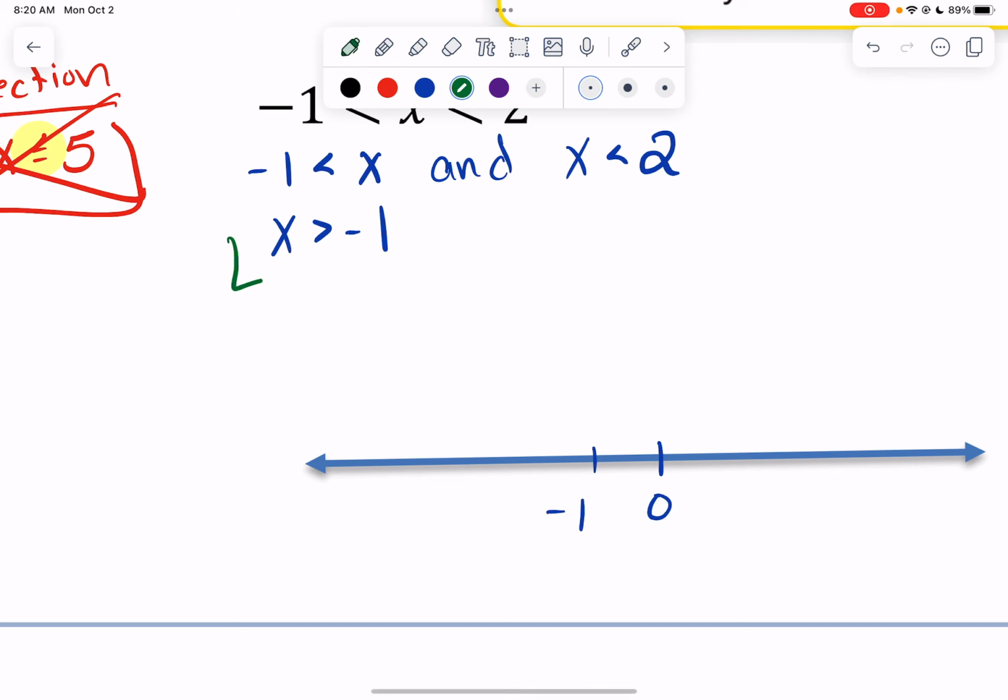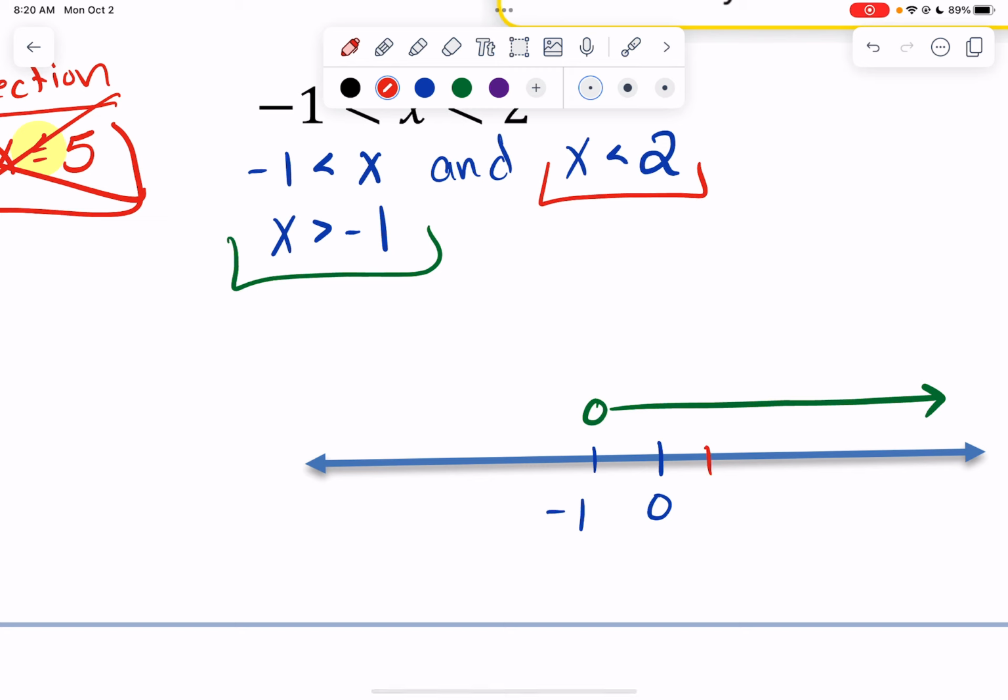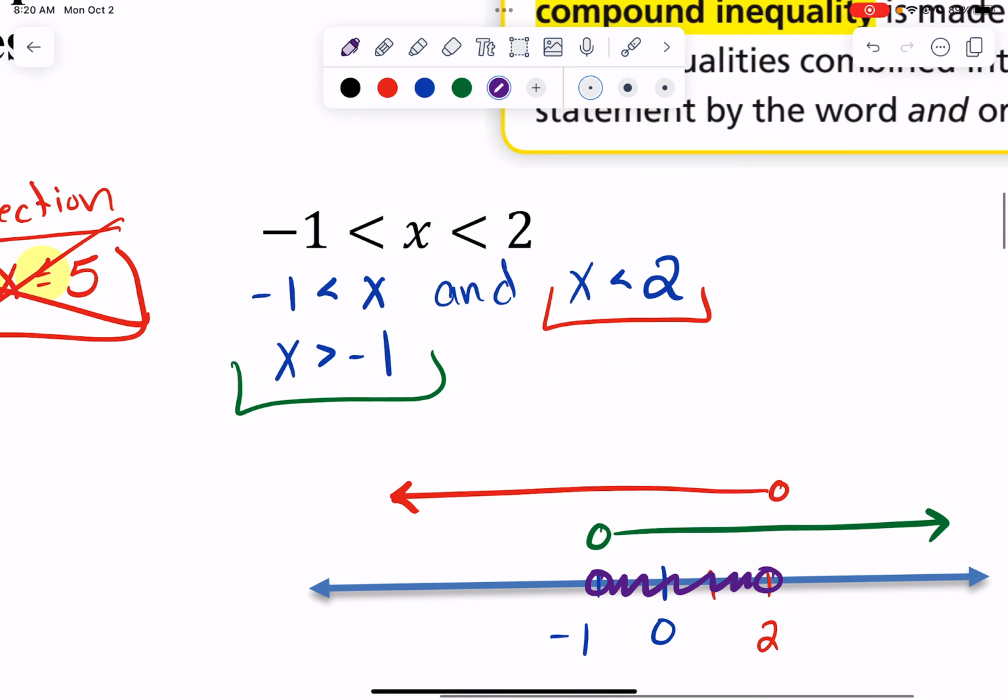To graph this, x has to be greater than -1. So from -1, oh, I need an open dot. It's not equal to. From -1 on up. Now for this one, I need less than 2. So there's 2. Again, from 2 on down. And since it's an and, I need to shade where both are true. So it'd be from -1 to 2, shaded in between.